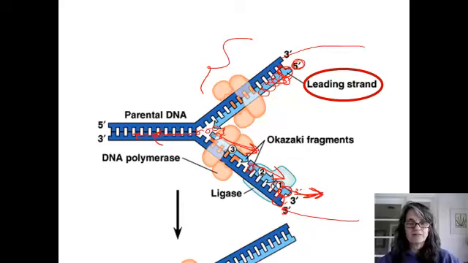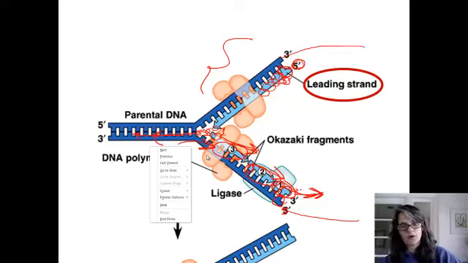But I have to wait now. I have to wait for this to open up further, and then I can add another primer and work out, and then I have to wait for this to open more, add another 3' end and work out this way. That's why this side gets created in little bits and pieces, because we keep having to wait for the fork to open to allow me to get back in here and then work out this way.